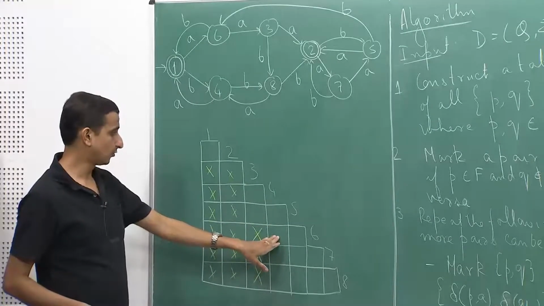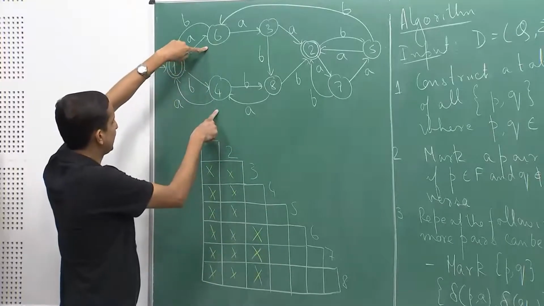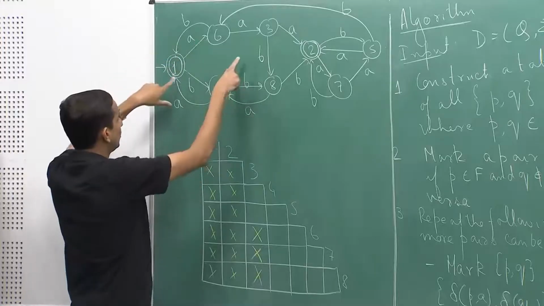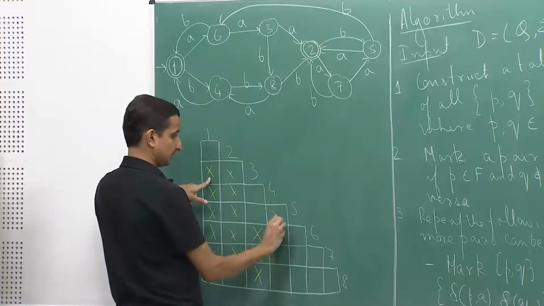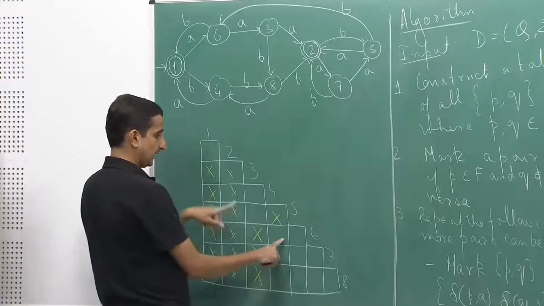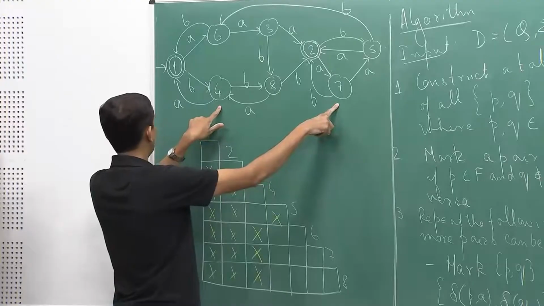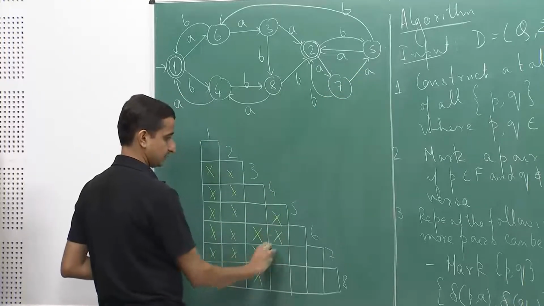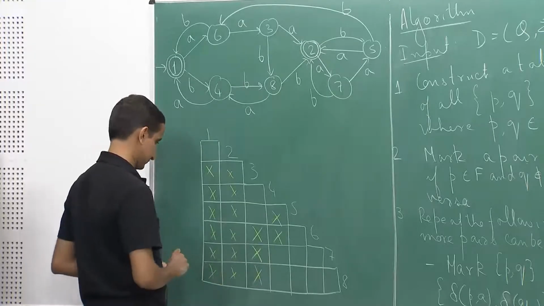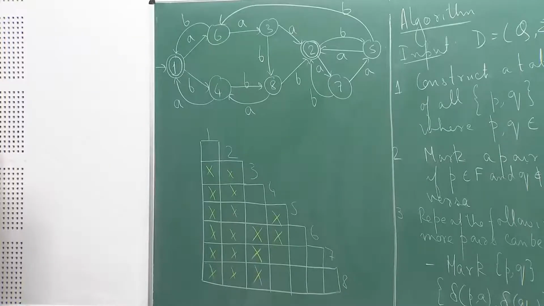Now, let us look at (4, 6). From (4, 6) on a, I go to (1, 3). So, (1, 3) is already marked. So, (4, 6) gets marked. Again, for (4, 7) on a, I go to (1, 5), which is marked. I am sorry, I just made a small error.